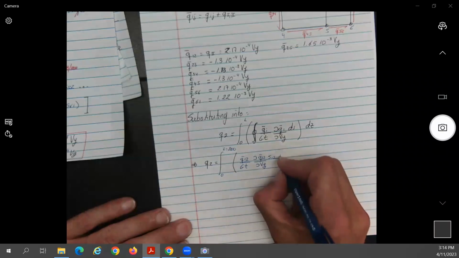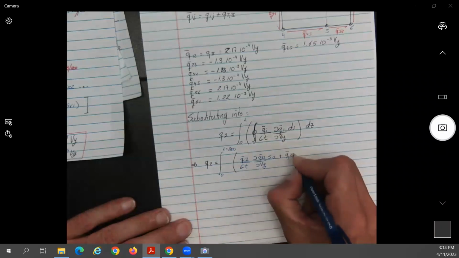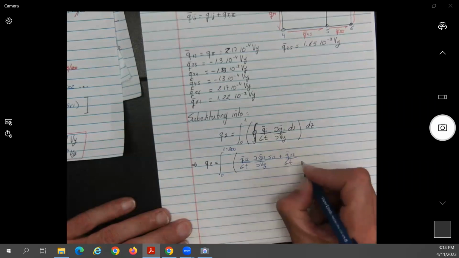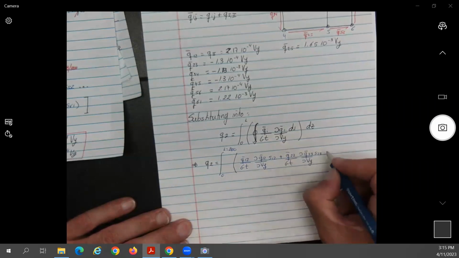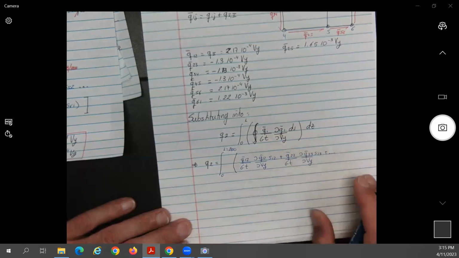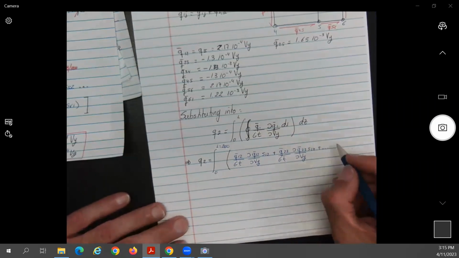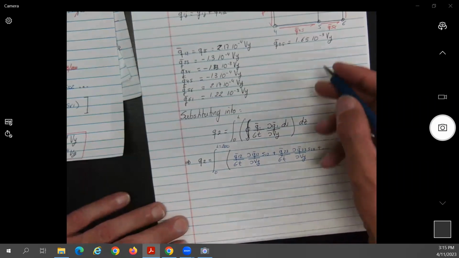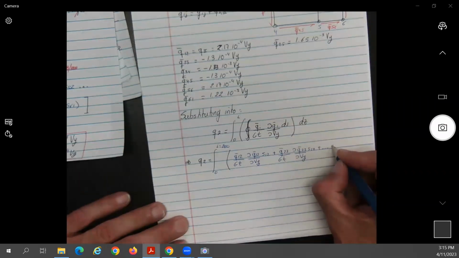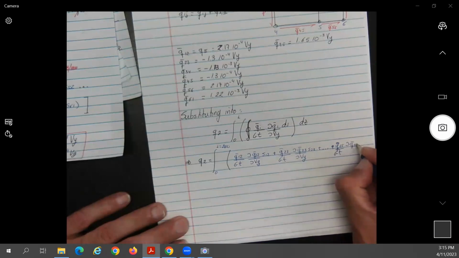Okay, let me do another one, plus Q bar 2, 3 over GT partial Q bar 2, 3 over partial Vy times S23, plus blah, blah, blah, all the different values, up to which one? Let's say this will be the last one, plus Q bar 25 over GT partial Q bar 25 over partial Vy times S25.